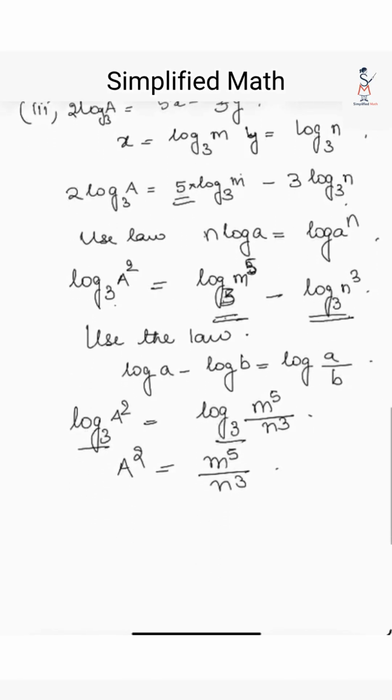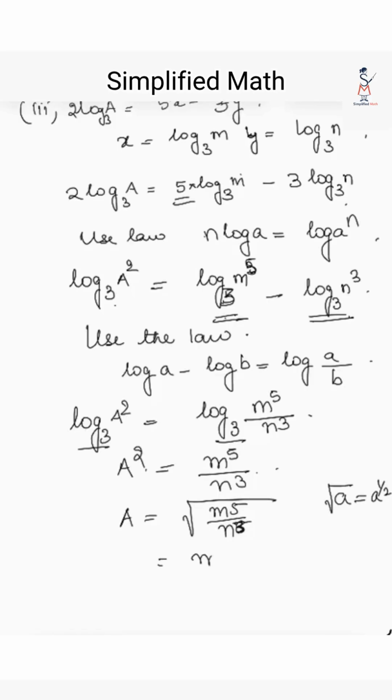Now we have to write a in terms of m and n. So a square means we have to remove the square, so we will square root the other side. If you are square rooting some number, that means the power becomes half.